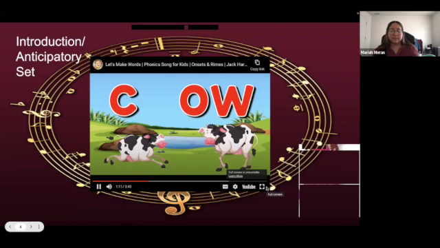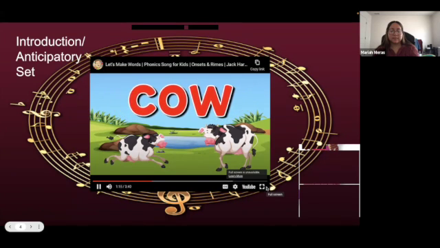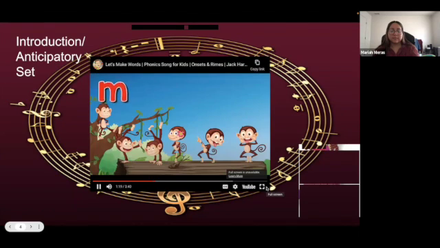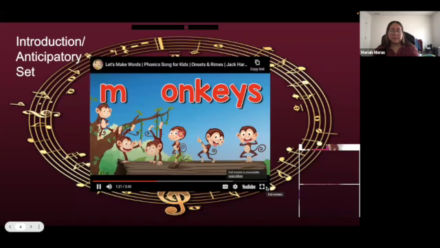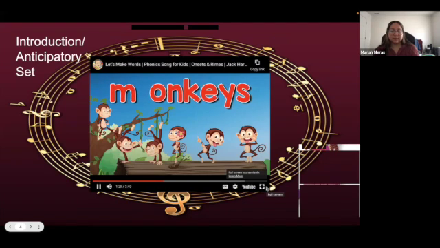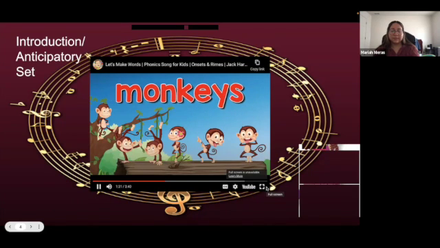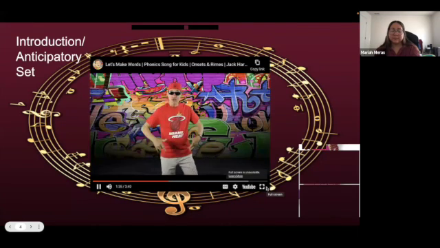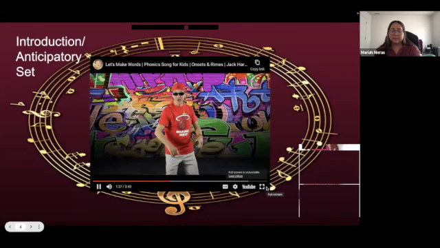Together we've got cow. When I say m, you say onkies. Together we've got monkeys. Hip hop with your hands. What? Hip hop with your head.